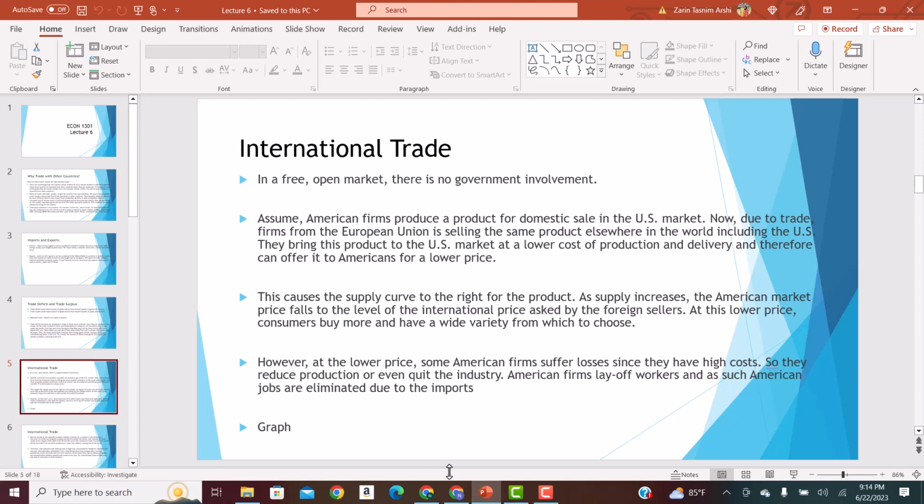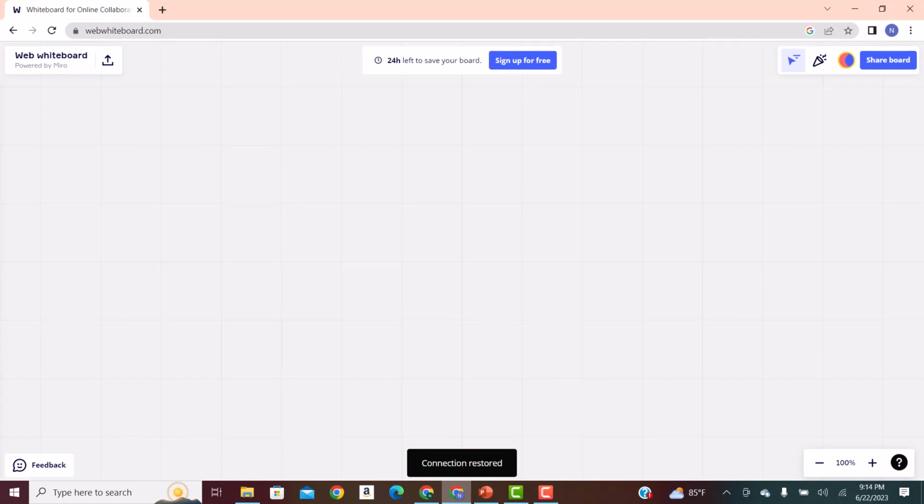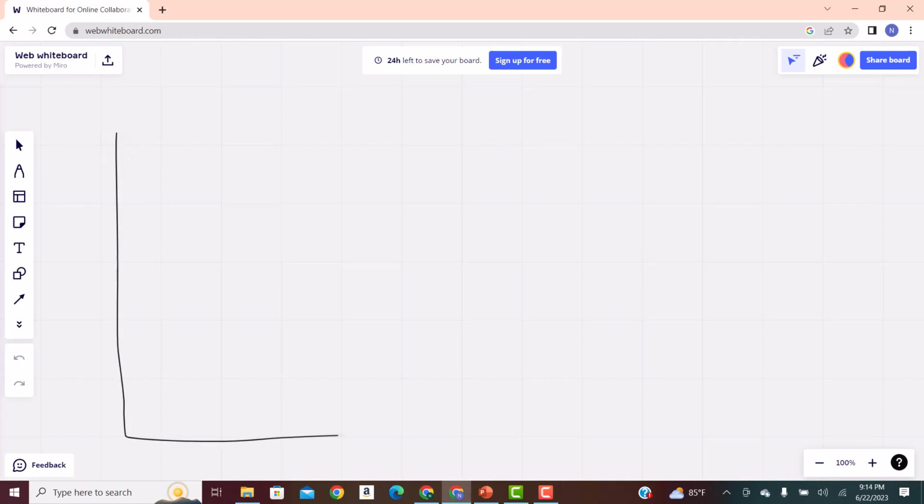So I want to show this through a graph, when we are only producing domestically and when the US economy opens up to trade. Okay, so let's say right now in the beginning, we have the supply and demand curve.